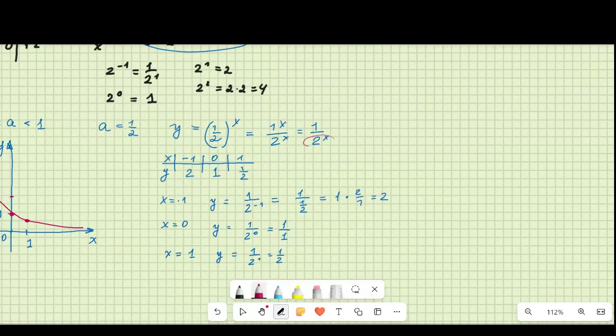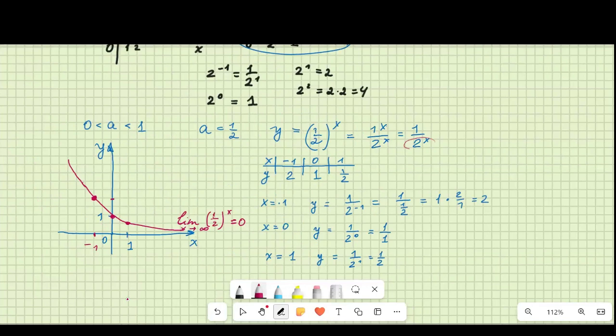So the limit over here, when x approaches infinity of 1/2 to the power of x, will be equal to 0.